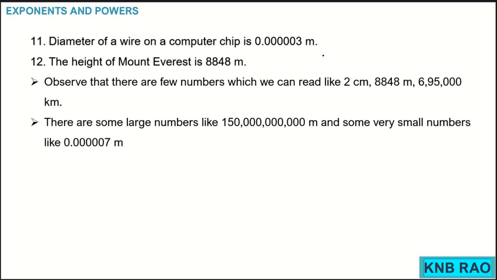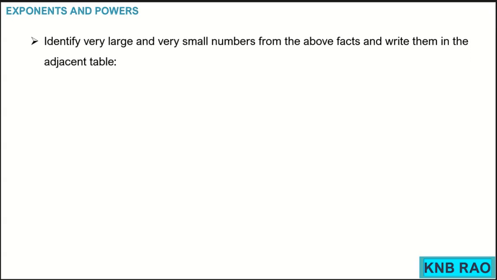Now when we have some large numbers or very small numbers, we represent them in standard form that we have already learnt in class 7th. Identify in this list of 12 facts which are small, which are big.